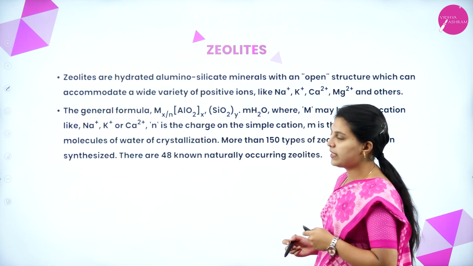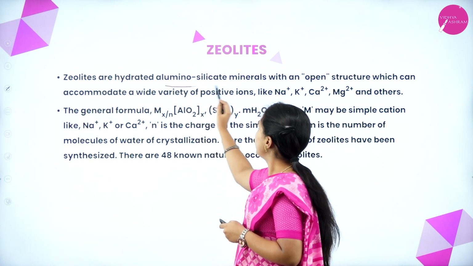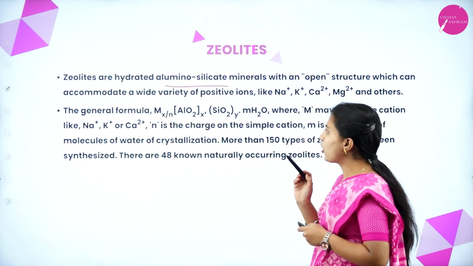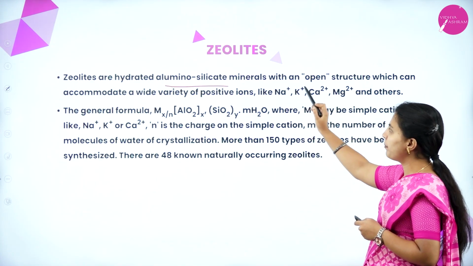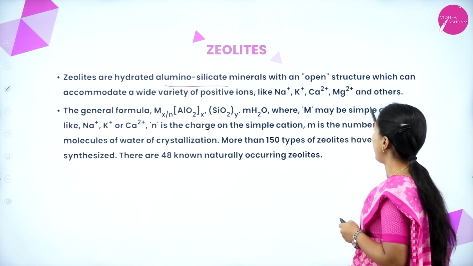Okay. Next, zeolites. Zeolites are hydrated aluminosilicate minerals with an open structure which can accommodate a wide variety of positive ions like sodium, potassium, calcium 2+ and magnesium 2+ and others.